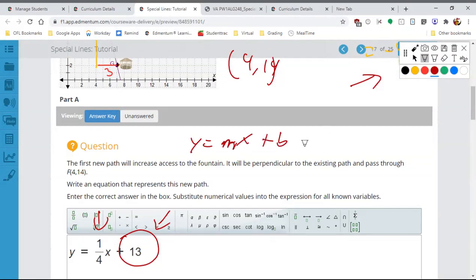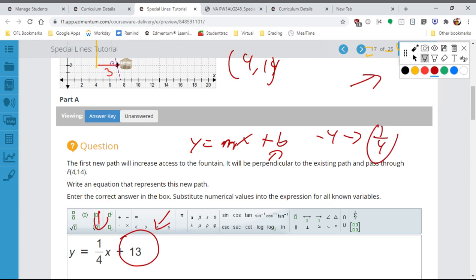I already know my m. How do I figure out my b? Anybody? Remember, I started off at negative 4. I know my new m is 1/4.